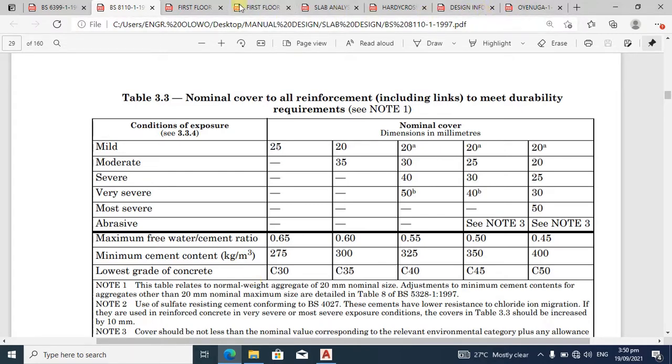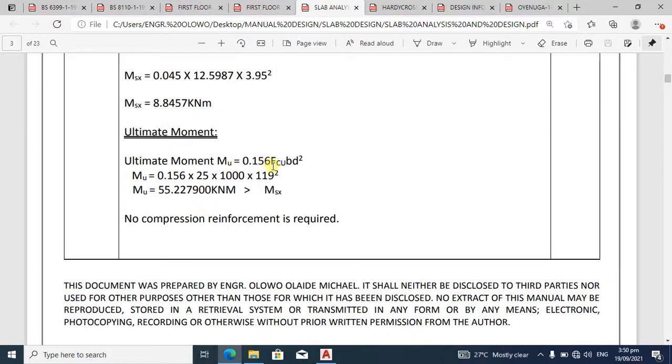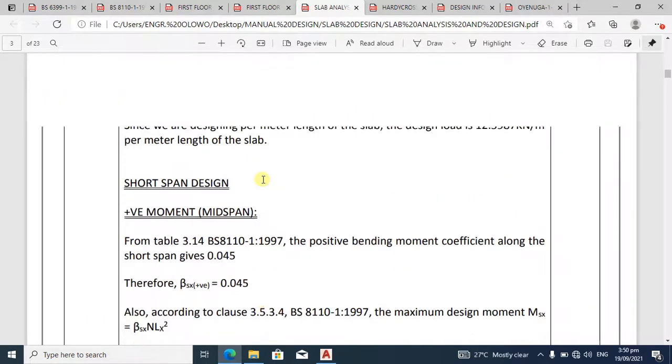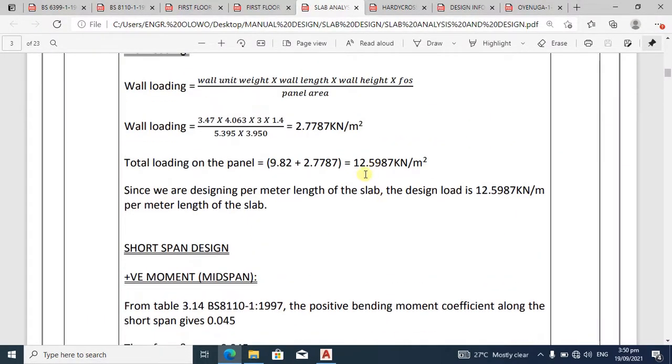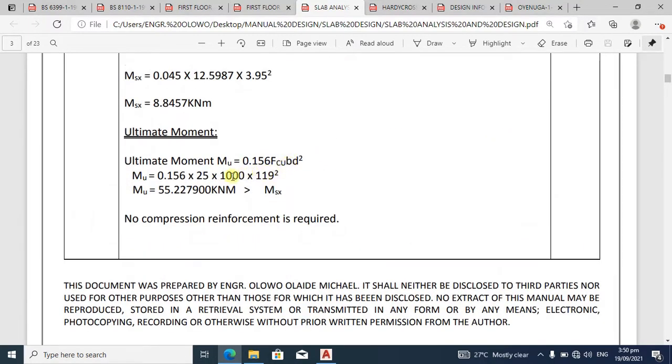Okay, so let's go back to the analysis. So from here, our FCU is the characteristic strength of concrete, and B, remember, our design is per meter length. Remember, when I wanted to interpret the value of the ultimate load, I said 12.5987 kilonewton per meter length of the slab, and that is why our B is 1 meter.